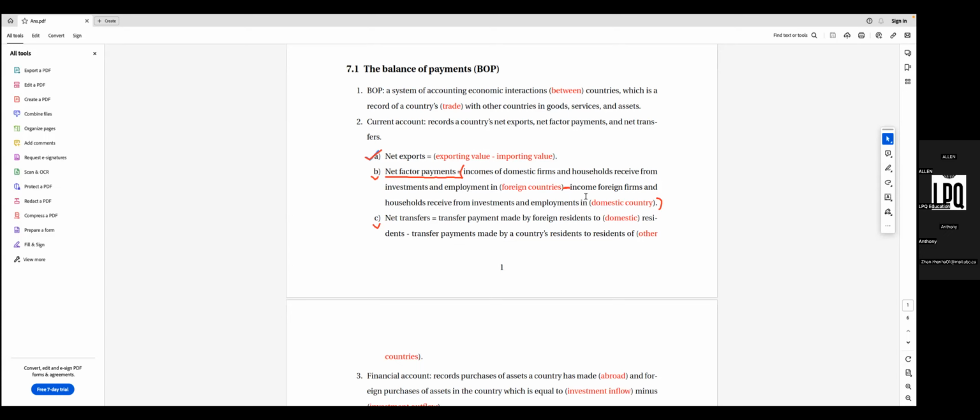And this situation can be the opposite, right? For some reason, a lot of Americans come to Canada and work here, in Toronto or Vancouver. So this time Canadian firms, Canadian companies, pay wages, salaries, and dividends to these American workers.